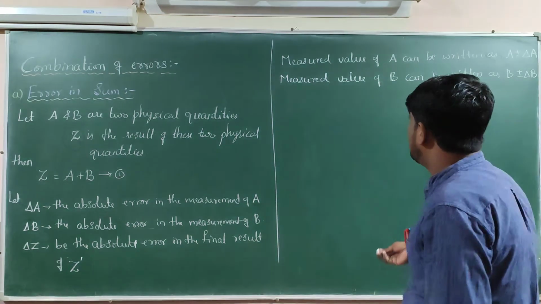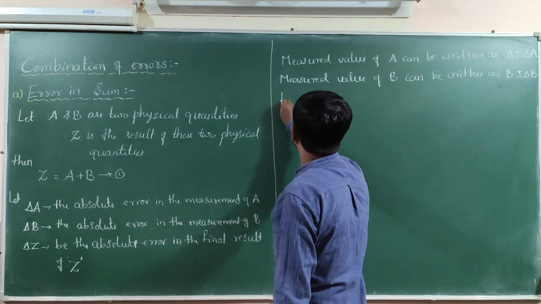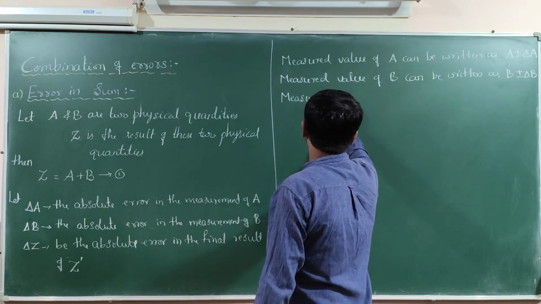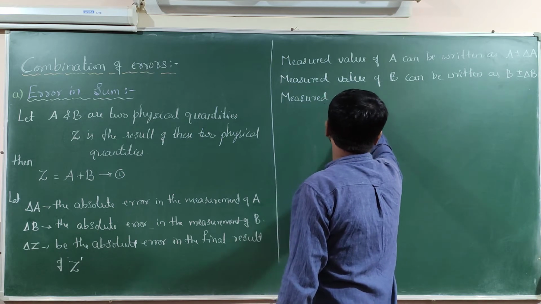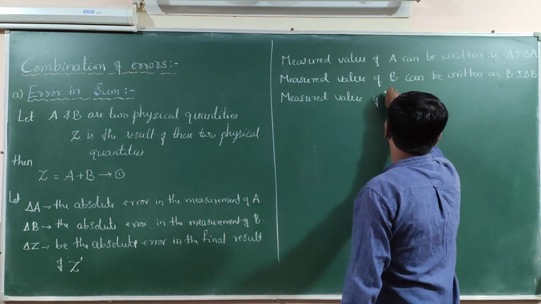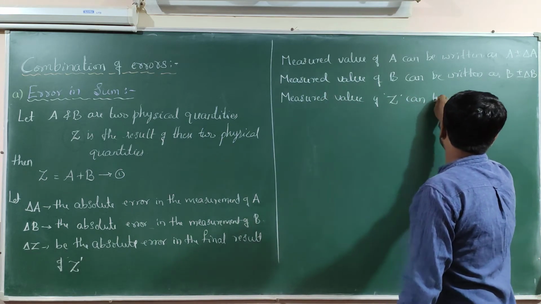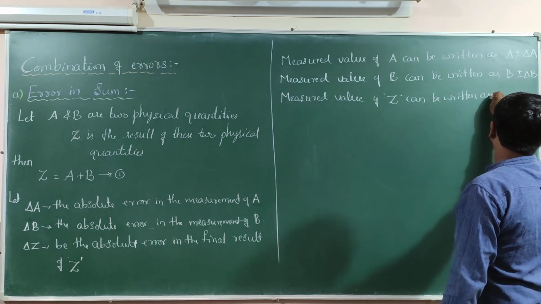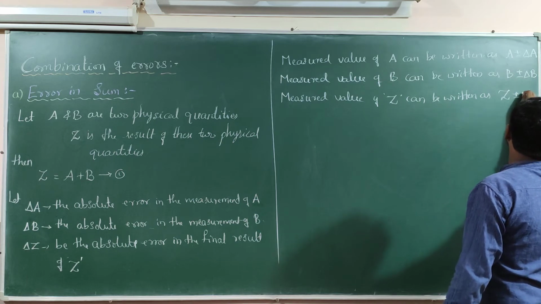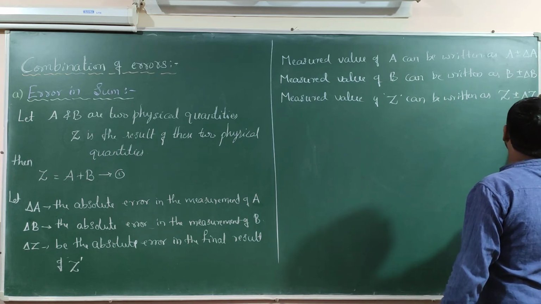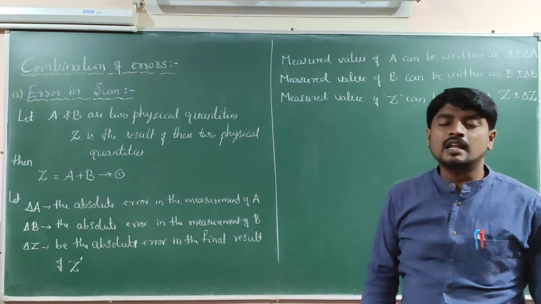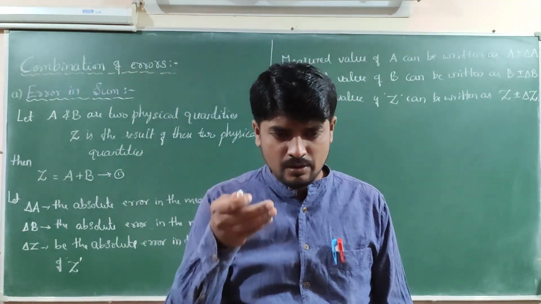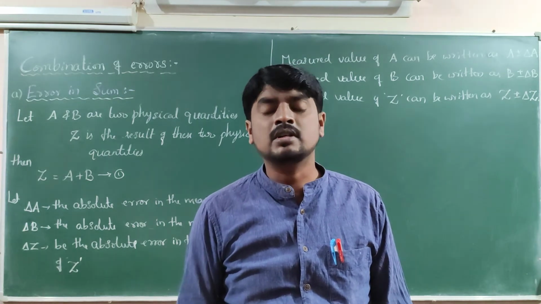Then the final result, measured value of Z can be written as Z plus or minus delta Z. Three quantities I have written after the measurement of the value of A, the value of B, and the value of what?